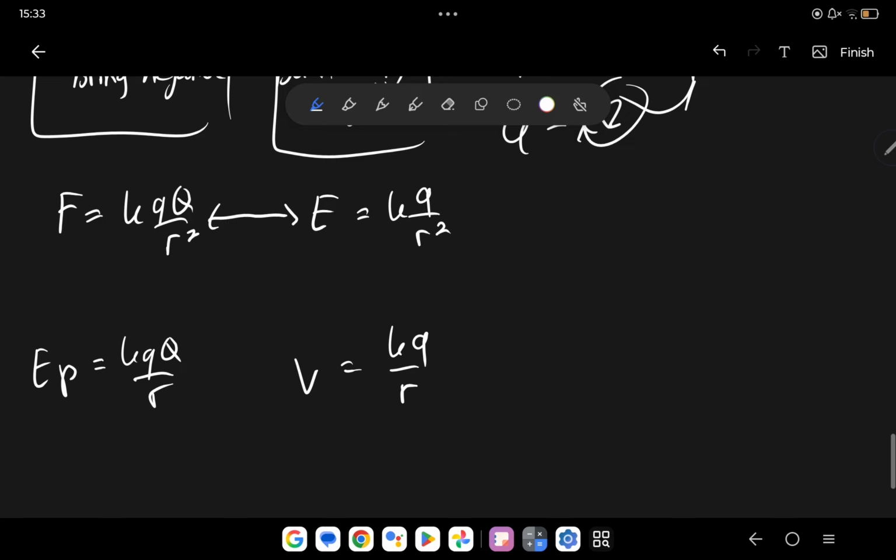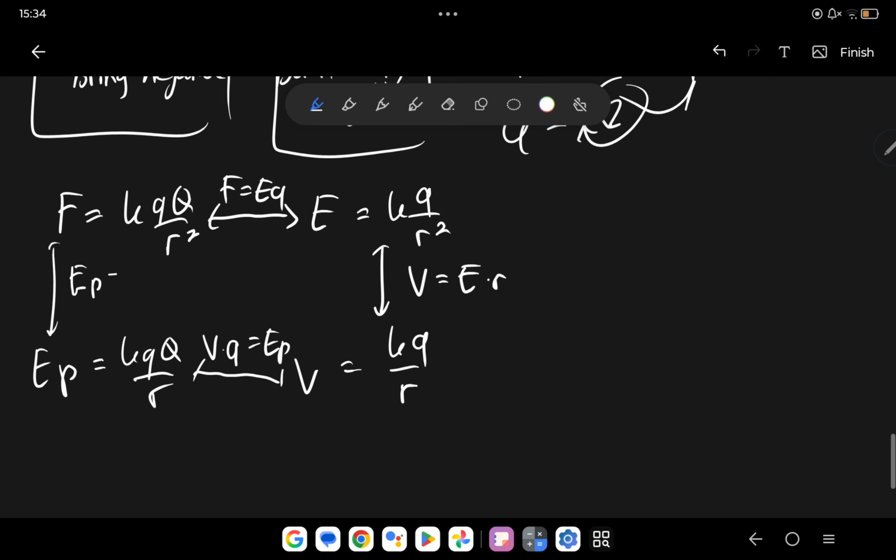Whoa, this is a really cool diagram I saw on my teacher's presentation. So F is equal to E multiplied by Q. V is equal to E multiplied by R. V multiplied by Q is equal to EP. And EP is equal to F multiplied by R.